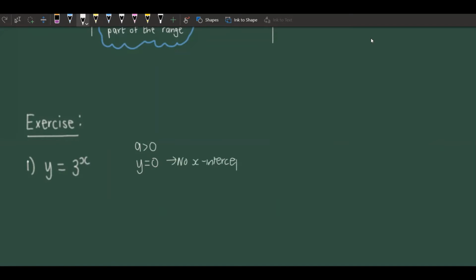So we will not calculate the x-intercept. To calculate the y-intercept, we make x equals 0 and solve. So we have y is equal to 3 to the power of 0, and anything to the power of 0 is 1, so the y-intercept is (0, 1).